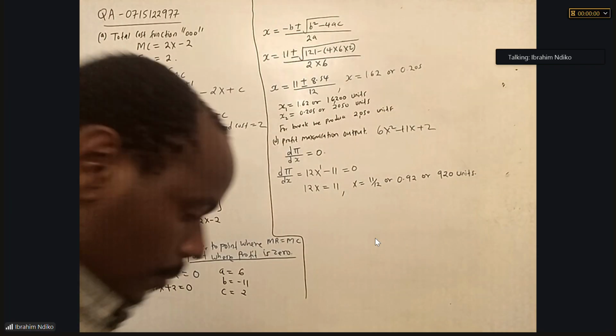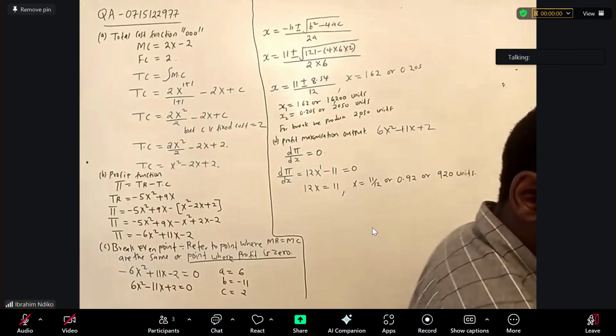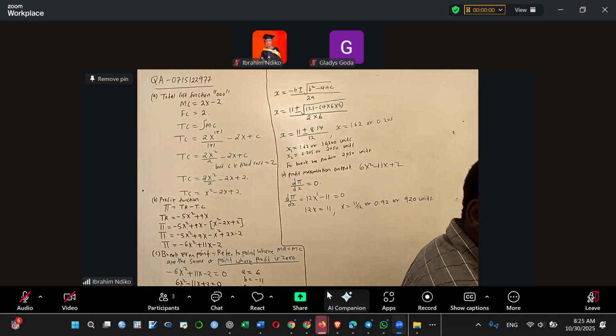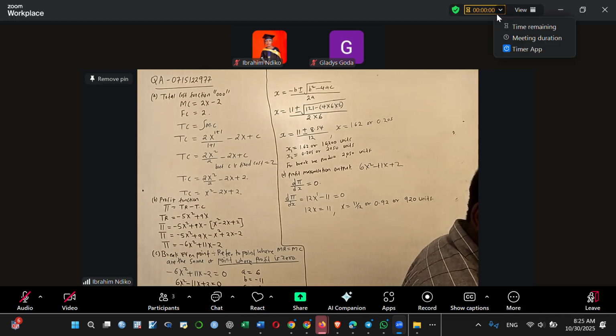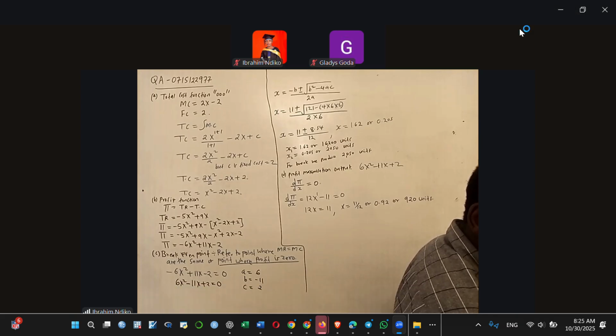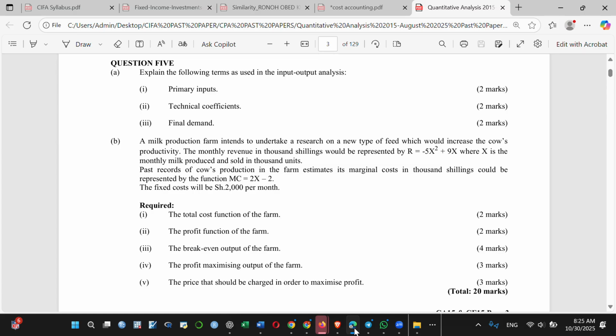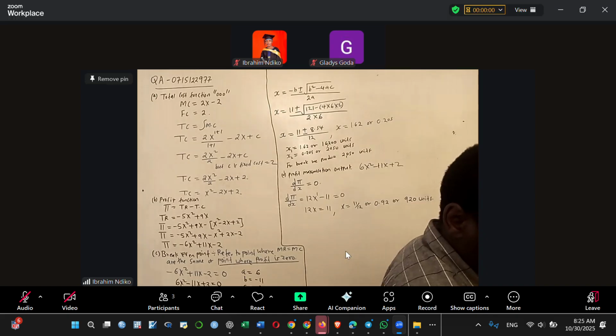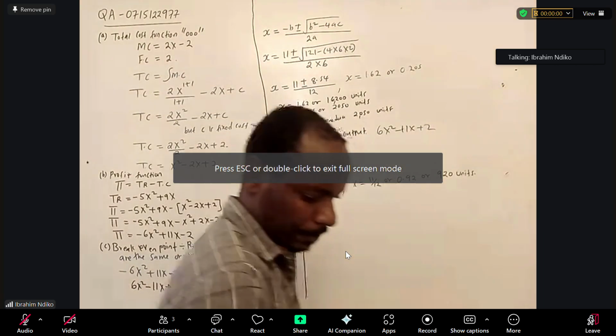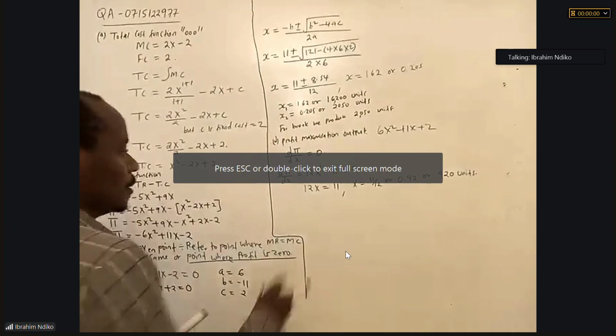Part E is about the price that should be charged. So that is the last part.